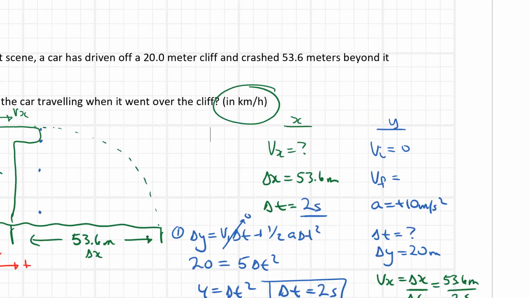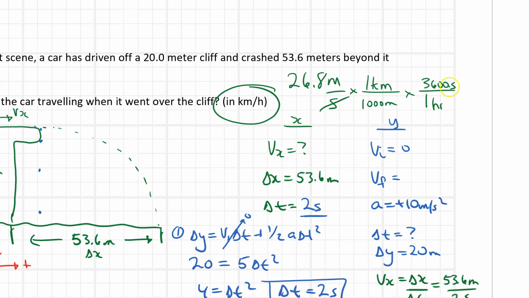So if we have 26.8 meters per second, I'll tell you the shorthand method is just to multiply by 3.6, but I'll very quickly show you why. If we're going from meters to kilometers, 1 kilometer is the same thing as 1,000 meters. And how many seconds in an hour? 3,600 seconds per 1 hour.